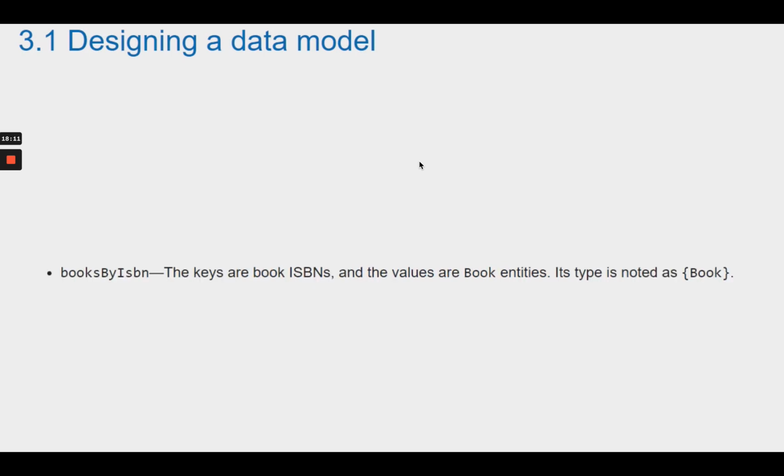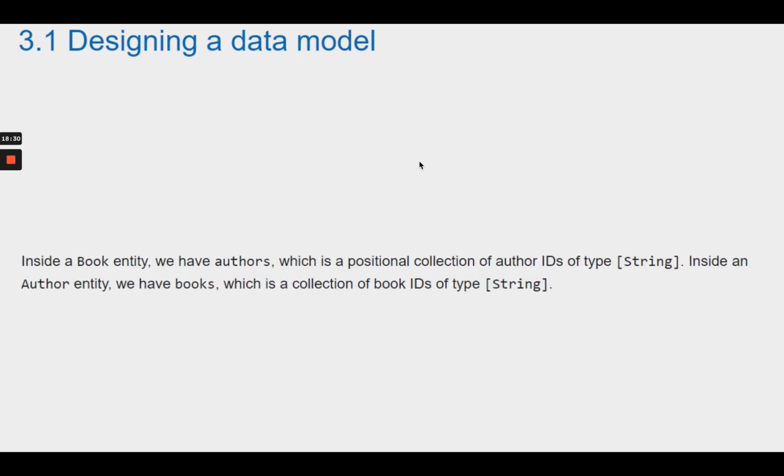Books by ISBN. The keys are book ISBNs, and the values are book entities. Its type is noted as book in braces. Authors by ID. The keys are author IDs, and the values are author entities. Its type is noted as author in braces.